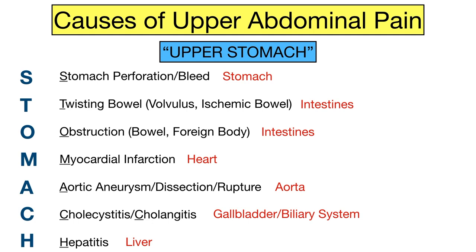So you can see how this mnemonic is a great way to summarize the main emergent causes of upper abdominal pain, especially when so many conditions can cause abdominal pain. So feel free to commit it to memory or write it down. Just remember, this is not a complete list of every single emergency, and other less urgent causes can potentially become emergent as well.